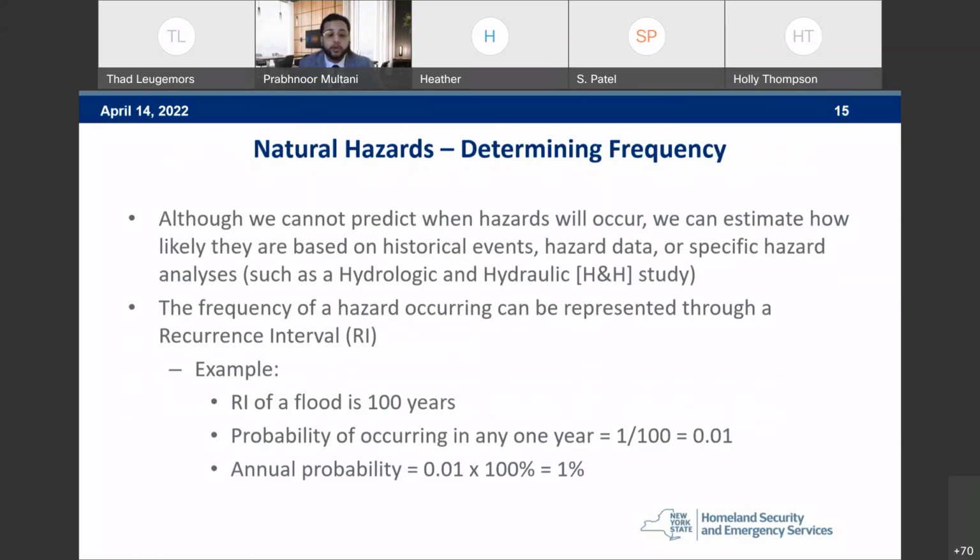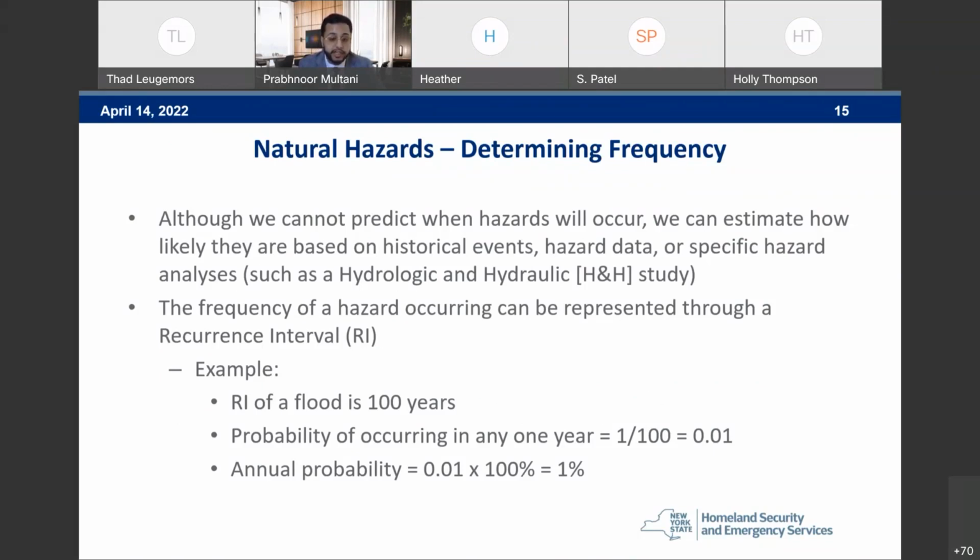Determining frequency. Although we cannot predict when hazards will occur, we can estimate how likely they are based on historical events, hazard data, or specific hazard analysis, such as a hydrologic and hydraulic study, also known as an H&H. The frequency of a hazard occurring can be represented through a recurrence interval, and an example would be the recurrence interval of a 100-year flood is 100 years.